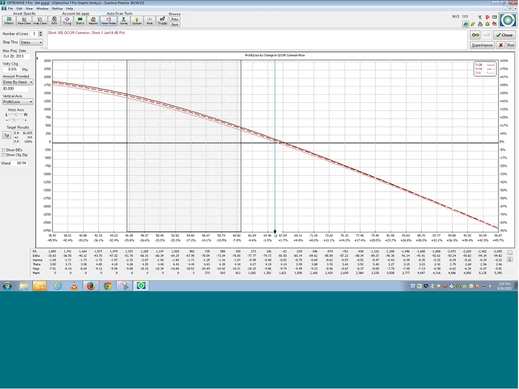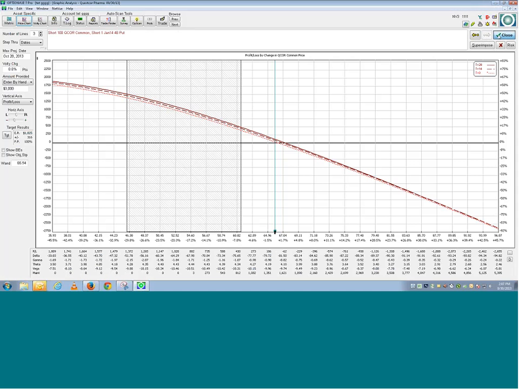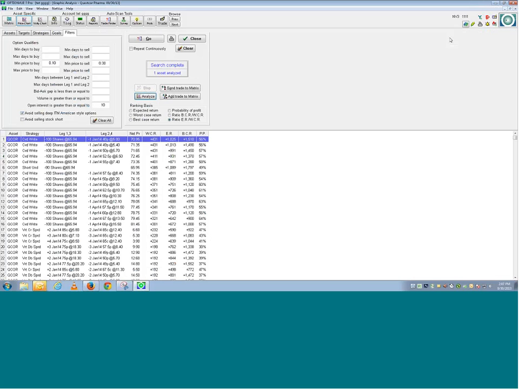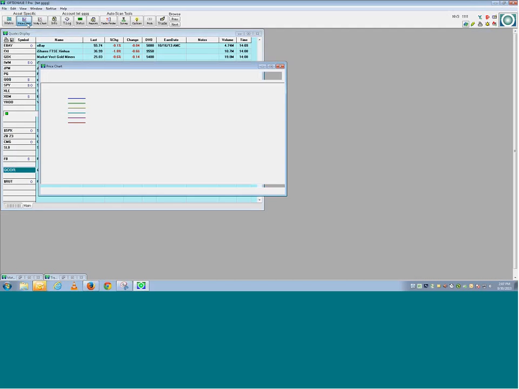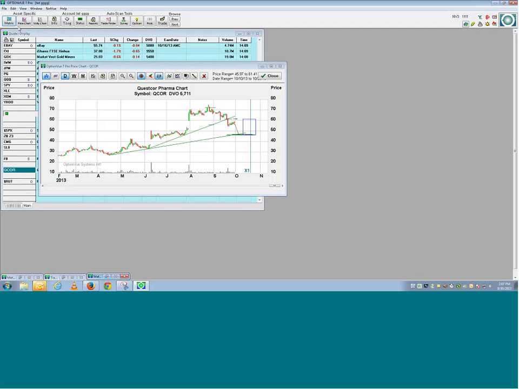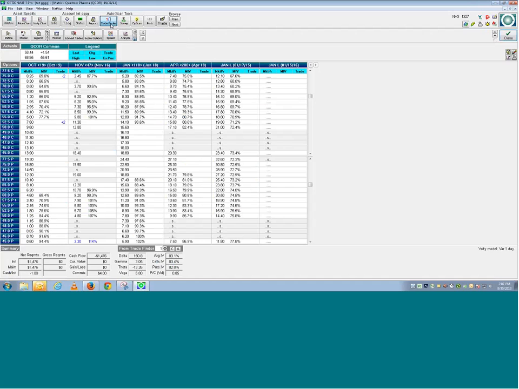Why does it say that the current price is at 65? Is that where we're at? I don't get this. We're not at 65. We are at 58. So when we analyze this thing, 58. Send trade to the matrix.